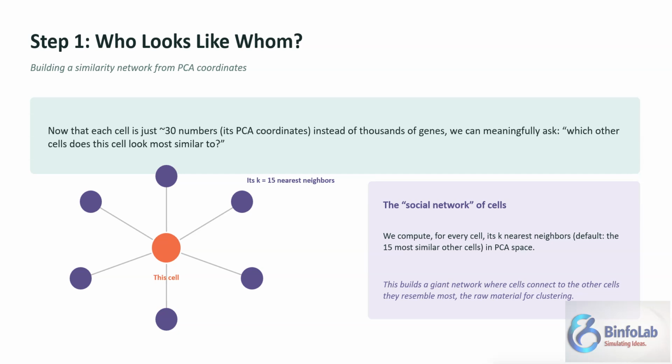Let's assume we have selected approximately 30 PCs in our previous PCA results. So we don't have thousands of genes as such. We do have thousands of genes, but they are embedded, or classified, in the form of PCs. So now we have only 30 PCs, and we can meaningfully ask which other cell dots this cell looks most similar to.